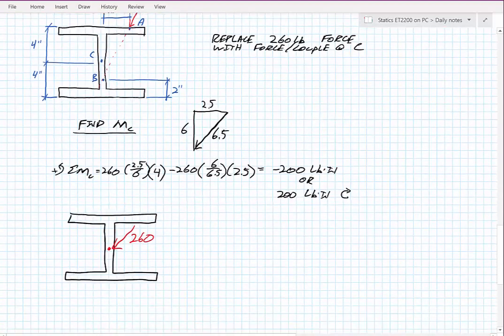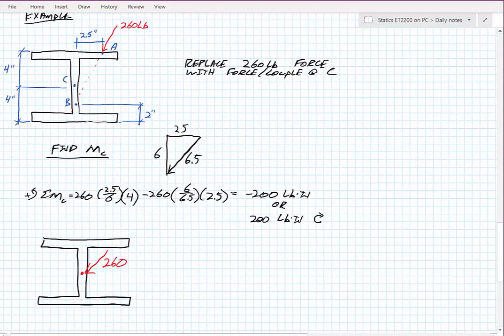It's the same magnitude as before. That means the I-beam is being pushed down and to the left with the same 260 pound force. And then there's also a moment that we're going to apply to that point, which is equal to this 200 pound-inches. So that's what my I-beam would look like afterwards.